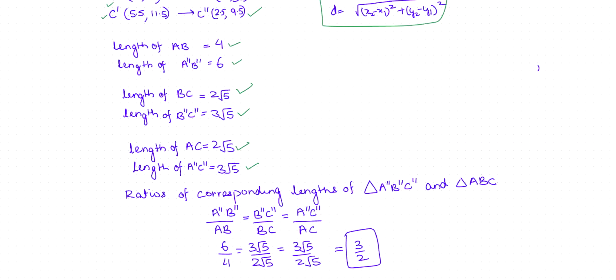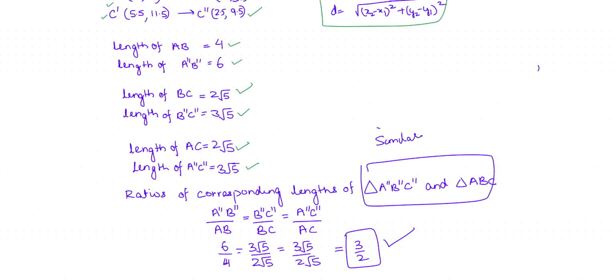So we find the ratios of the corresponding lengths of triangle A double dash, B double dash, C double dash and ABC, and we find that they have the same ratio, 3 by 2. So if the ratio of the corresponding lengths is the same, it means both of these triangles are similar. Okay.